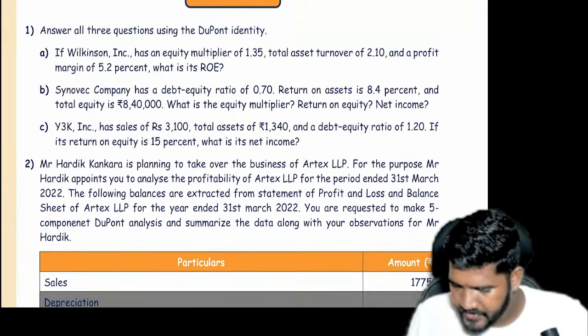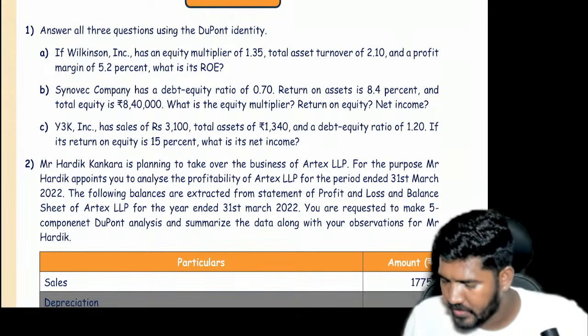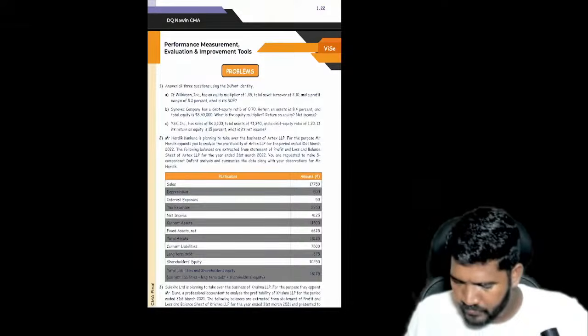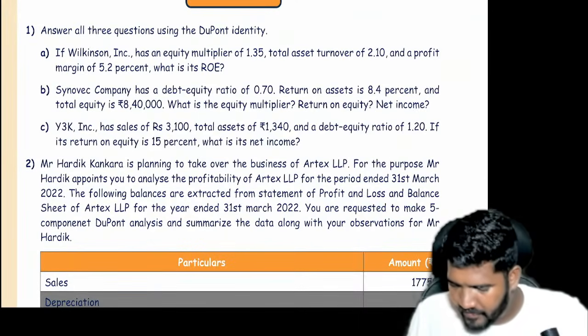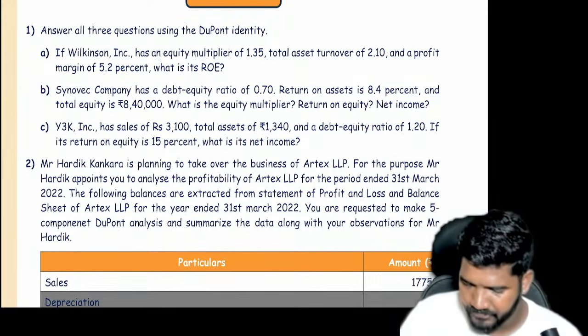Y3K INC has sales of rupees 3,100, total assets 1340, debt equity ratio 1.2. Its return on equity is 15%. What is its net income? Now we can easily find out.